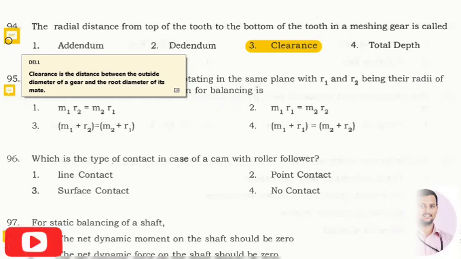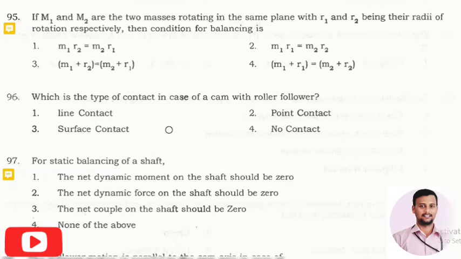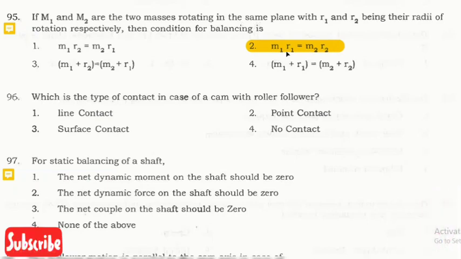The next question is: if M1 and M2 are the two masses rotating in the same plane with R1 and R2 being their radii of rotation respectively, then the condition for balancing is given by? Your right answer is option 2, that is M1R1 is equal to M2R2.